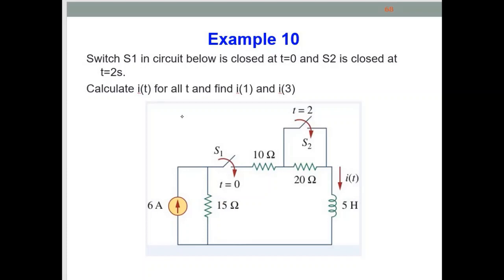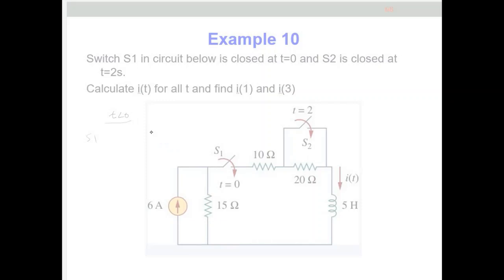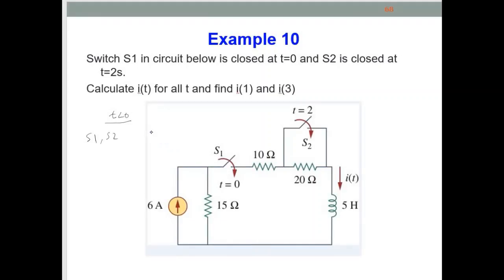So to analyze this circuit, we have to analyze this circuit in 3 conditions or 3 time intervals. 1, when t less than 0. When t less than 0, S1 is still switched off, and S2 also is switched off. S1 and S2 are off.